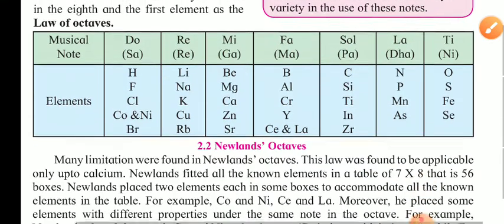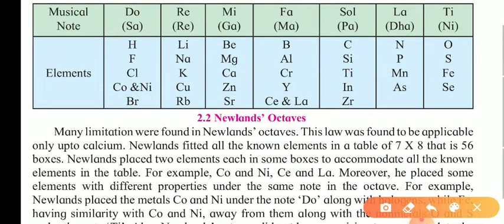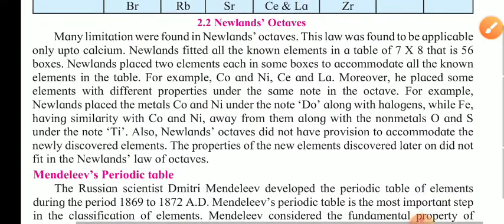But again, some elements were kept together, like here cobalt and nickel, and here cesium and the lanthanides. He kept them together because they were showing similar properties, and Newlands was unable to explain this part, and that's why the Newlands table also failed to explain the further classification of the elements.